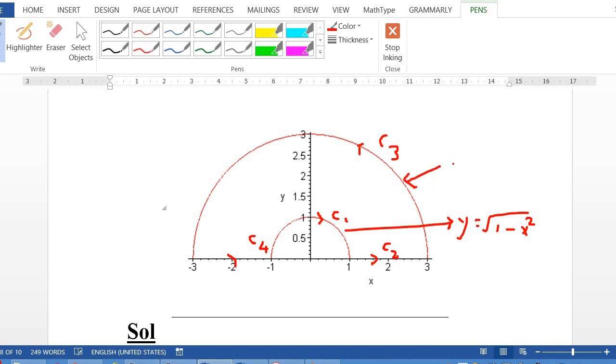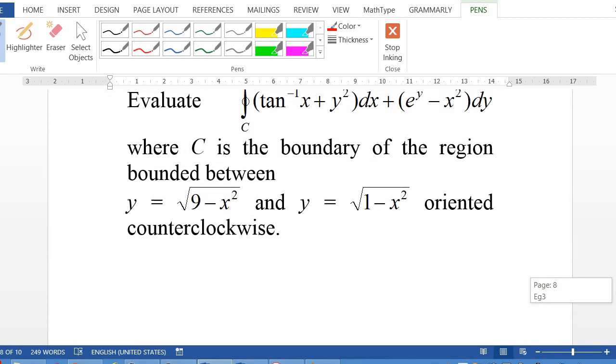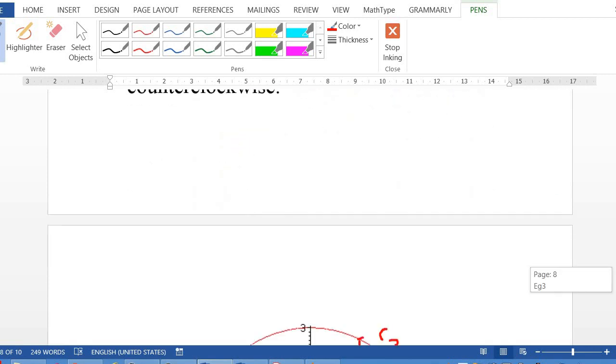C3 is the semicircle with radius 3, centered at origin, y equal to the square root of 9 minus x squared. So C is the boundary of the region bounded between y equal to the square root of 9 minus x squared and y equal to the square root of 1 minus x squared, oriented counterclockwise.